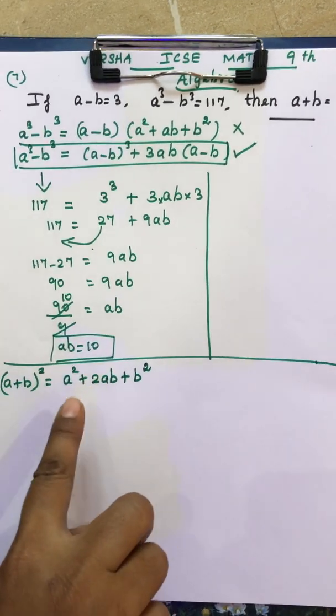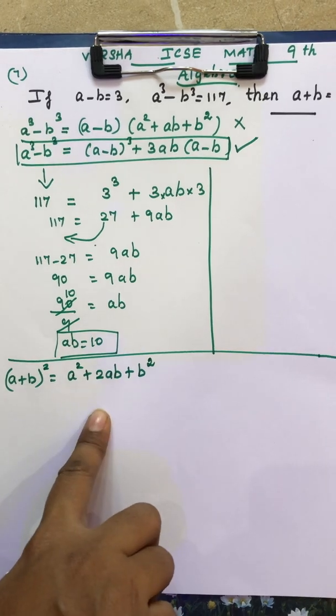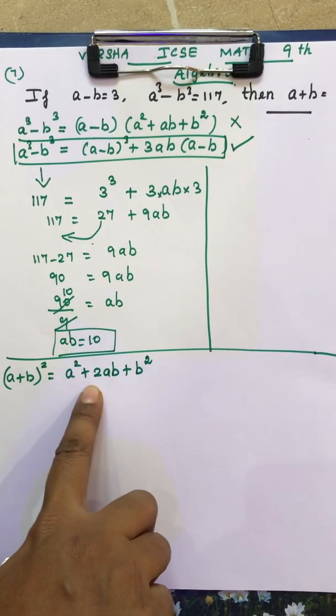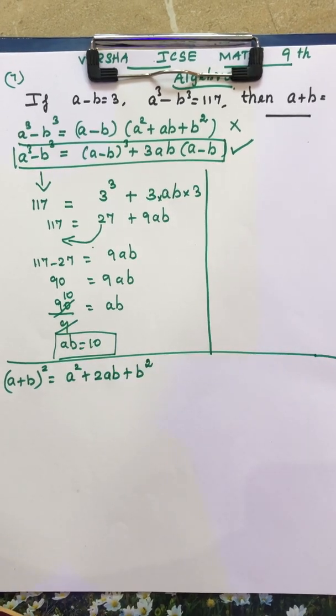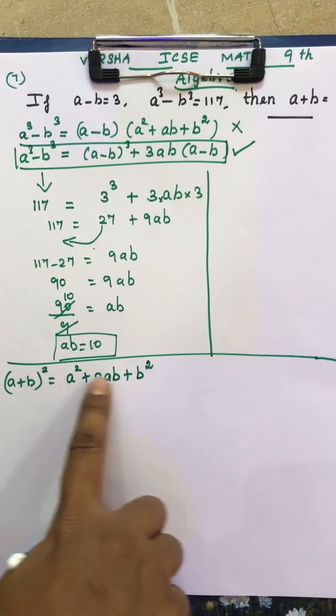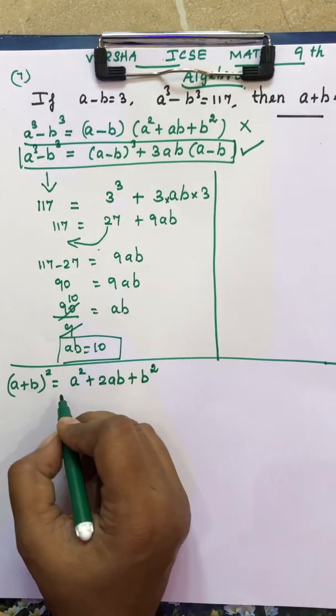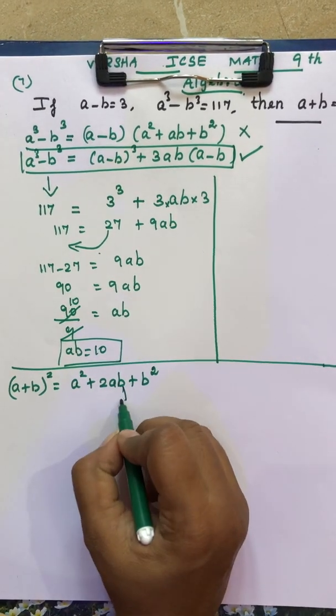But we don't know the value of a square plus b square, so we are going to convert this into a minus b.